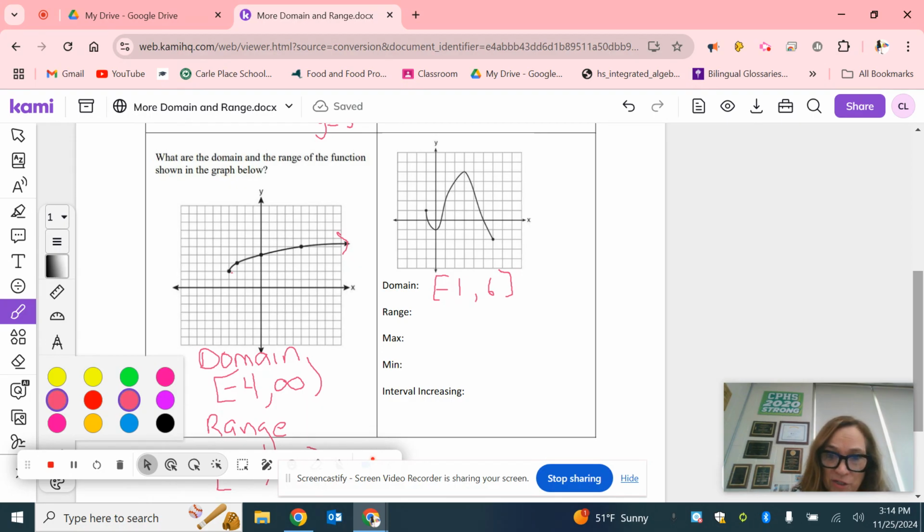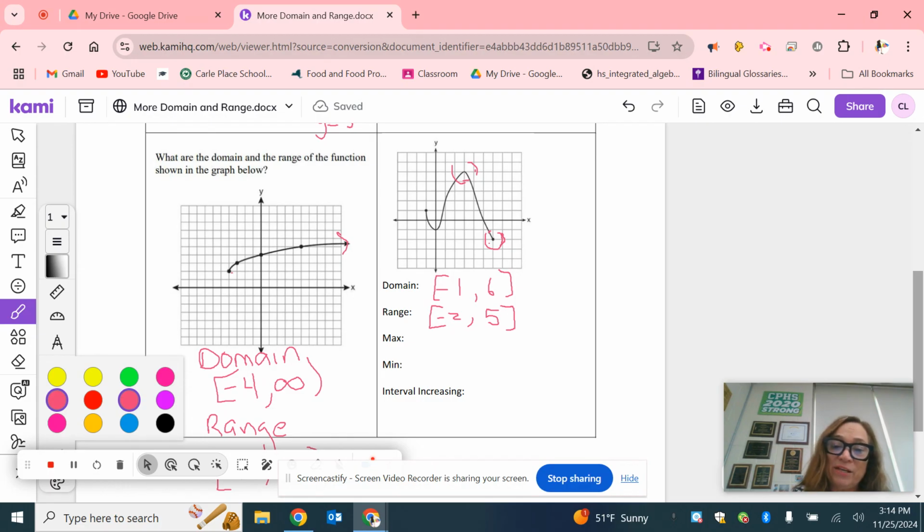Okay, now the range, it goes as low as here, right here. That's the lowest point. And that's at negative 2. And then the highest point, 1, 2, 3, 4, 5, is up here. And that's at 5. And if it's part of a solid line, it's considered a closed circle. Okay, max.